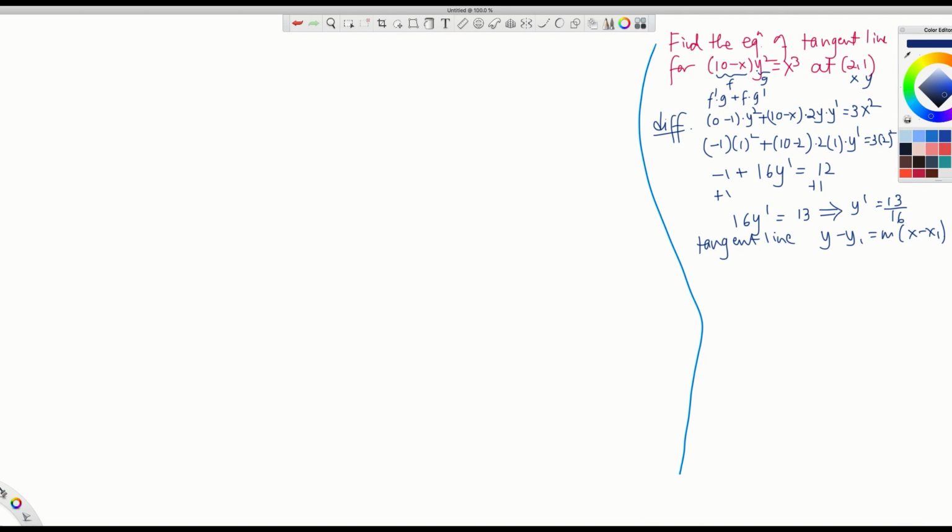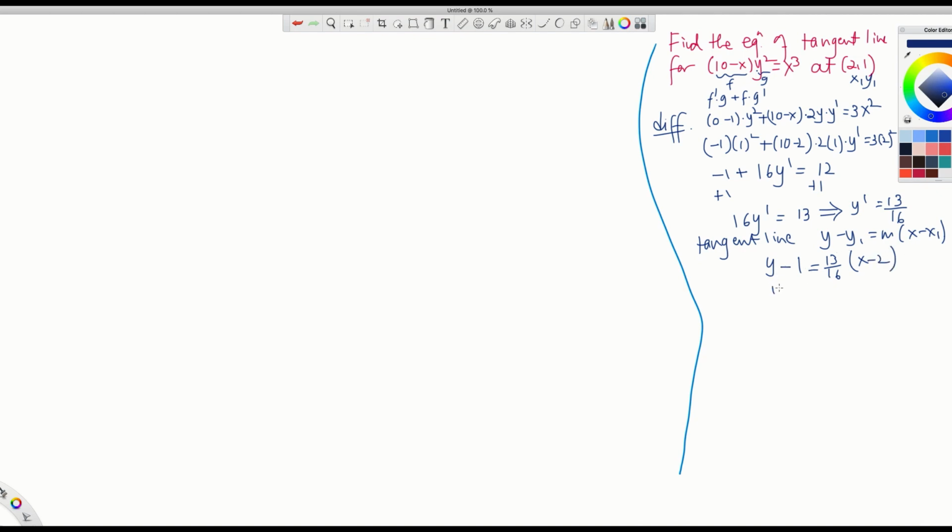So all those values of m, x1 and y1 will be plugged in here. This is x1, y1, so you can write it there. y minus 1 equals 13 over 16 times x minus 2, and then you simplify that.